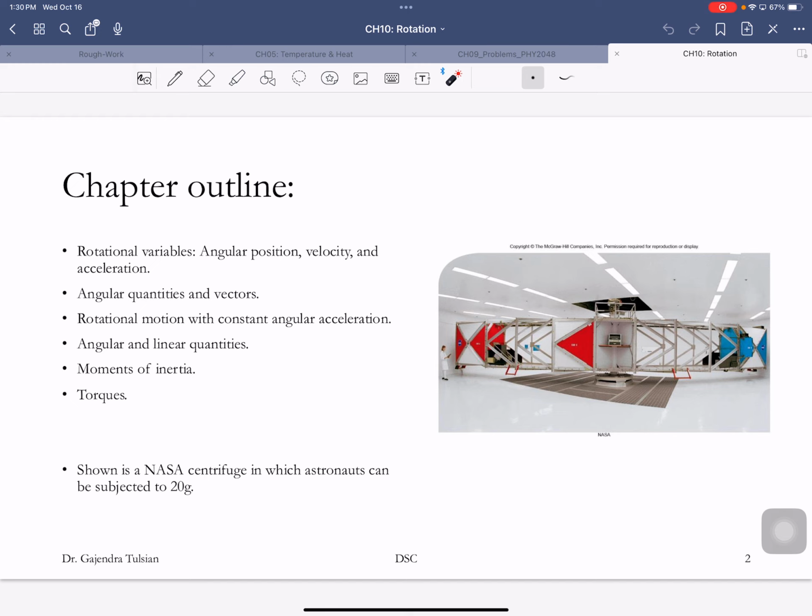Again, I'm recording this, so these guys won't be able to see this. So here's an object. This is the axis of rotation, so I'm spinning this bicycle wheel. There's the axis of rotation, and this thing is rotating on that.